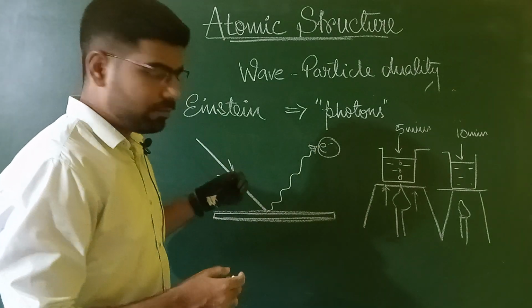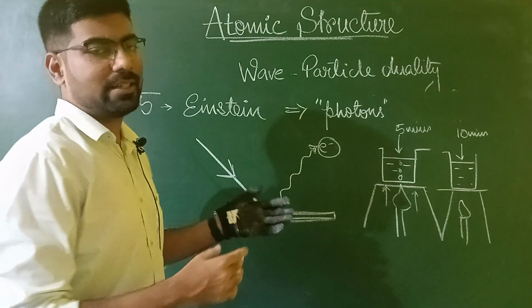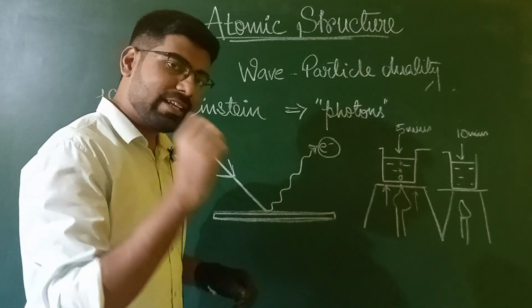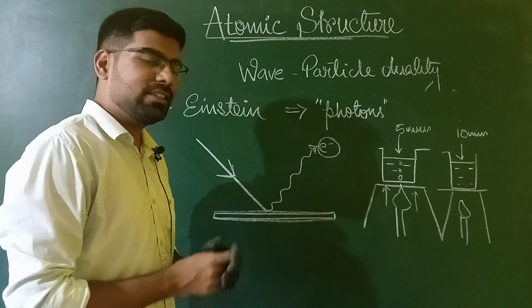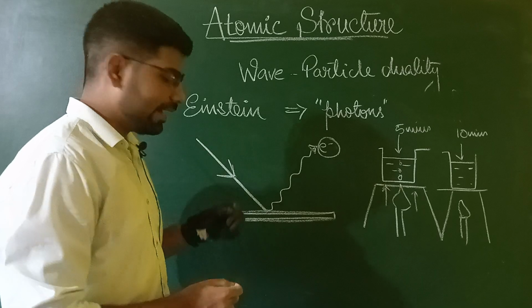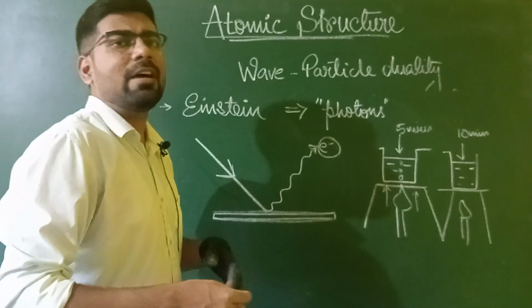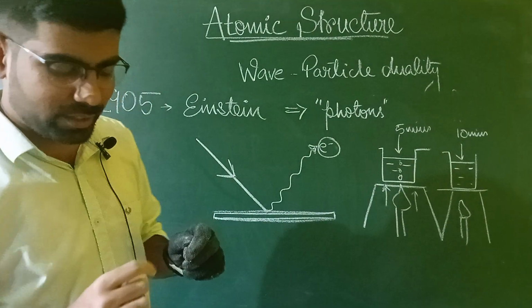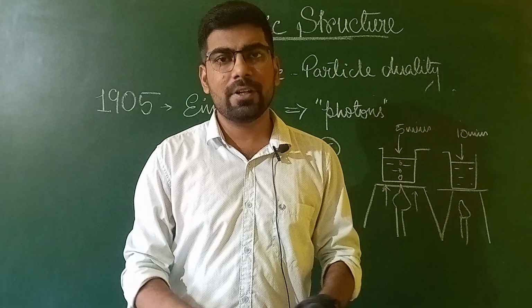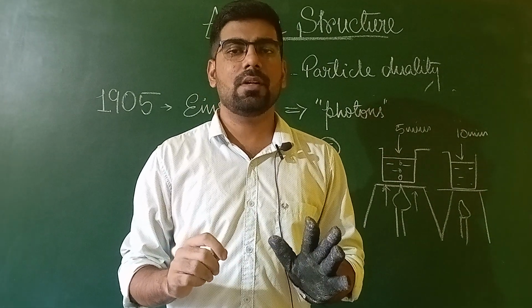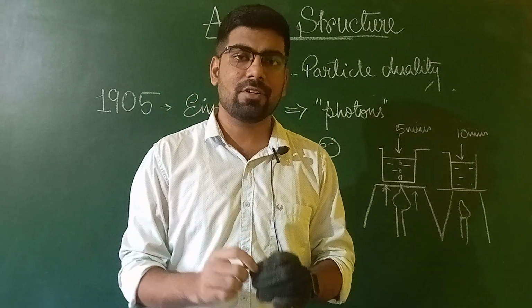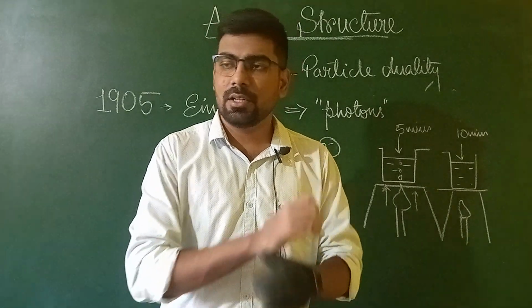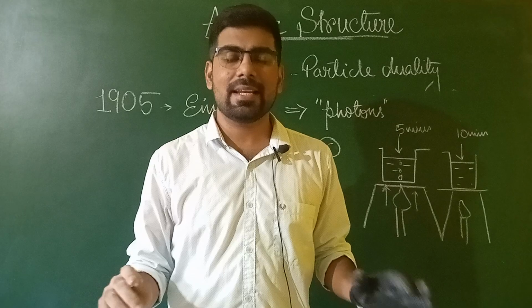If I point the red light for a certain amount of time, and green light is emitting an electron instantly in 1 second, then if the energy was continuous and I put a red light of lower energy, maybe after 10 seconds an electron should have been emitted. But what happens is, we saw that light of a particular frequency does not emit an electron until a certain value of energy is reached. Below that energy, that light won't emit any electron.